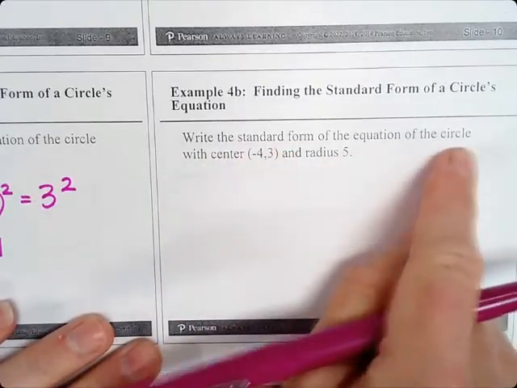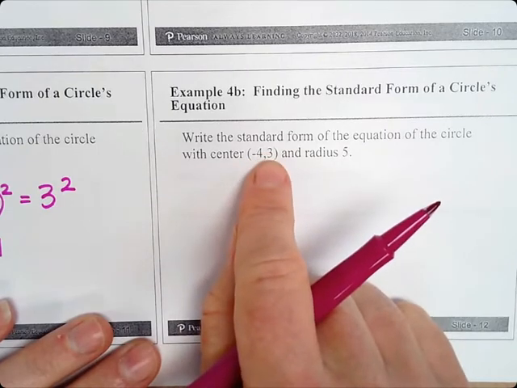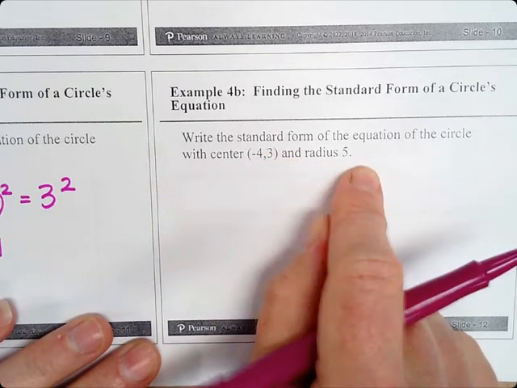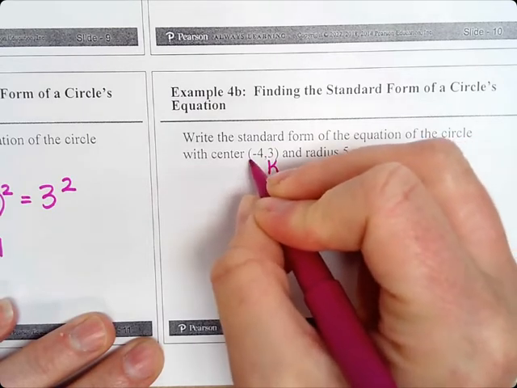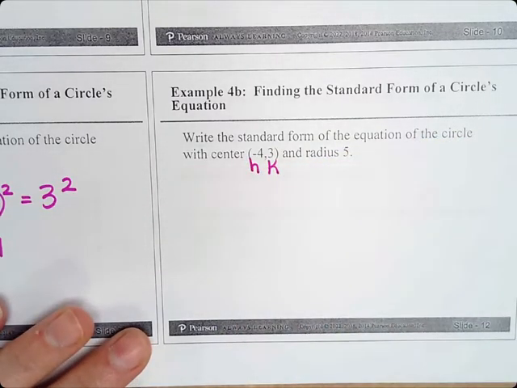Write the standard form when you have a center of -4, 3 and a radius of 5. So our h is -4 and our k is 3.